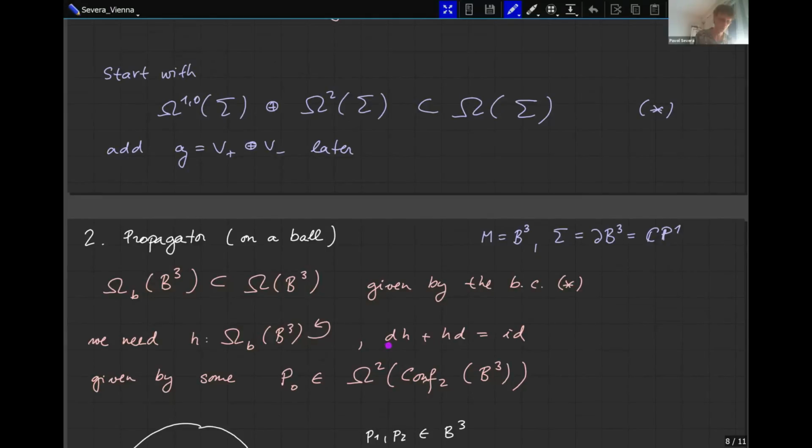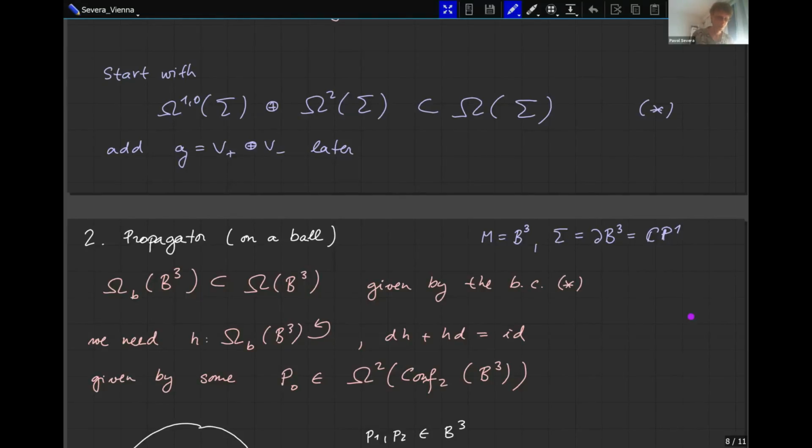It should be H, which satisfies this. And it should be given by some nice integral kernel, so there should be some nice closed two-form on the configuration space of two points in the three-dimensional ball, which implements H. And yes, such a thing exists, and there is a very nice formula for that.